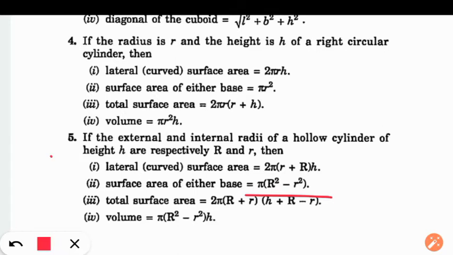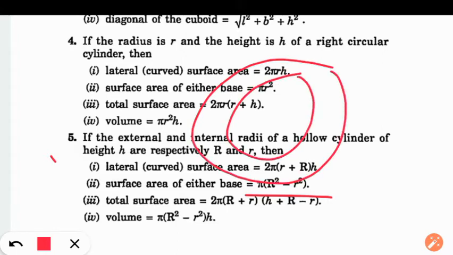because at the top or at the base we have two circles like this, one external one and the internal one. If we see the hollow cylinder from the top, this is the top view, we will see this. So this is the external radius and this is the internal radius. So what is the area of the outer circle?